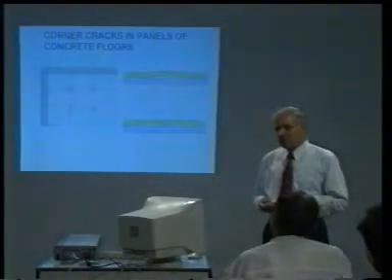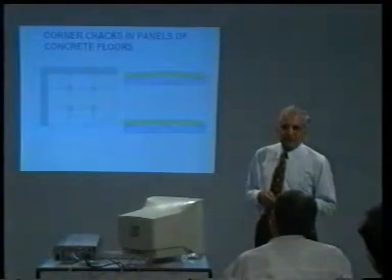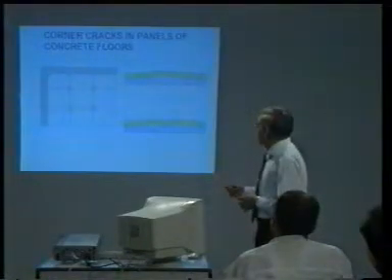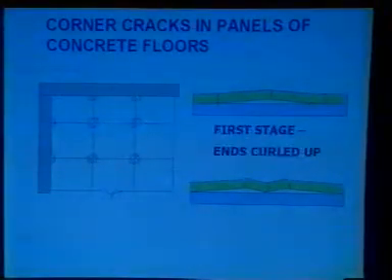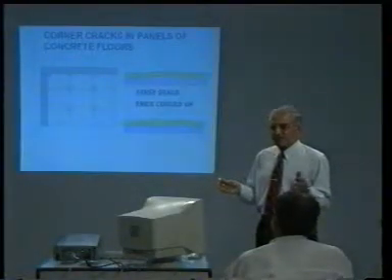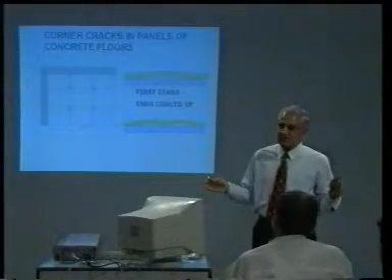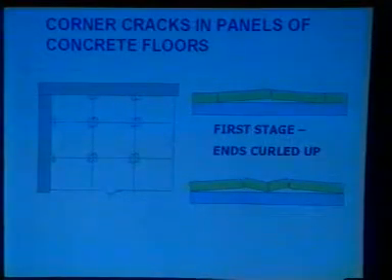Now, there is another problem related to large floor panels, particularly in factory and industrial buildings. You have cracked up portions at the corners. Now, how do these cracks occur? In the first stage, the expansion of the floor slabs takes place, and the movement of the floor slabs is restrained at the corners, and they are made to move inwards.